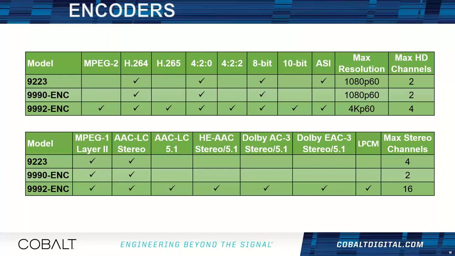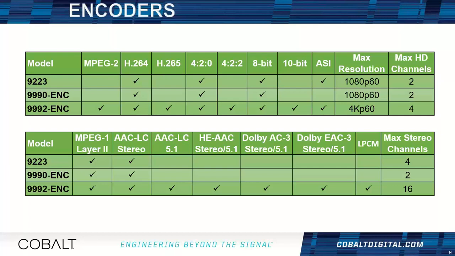For audio, we have one of the best industry lineups of audio support, with support for MPEG-1 Layer 2, all the AAC modes, Dolby AC3, and even SMPTE 302 linear PCM for ultra-low latency. Also, the 9992 encoder can do 16 channels of audio.